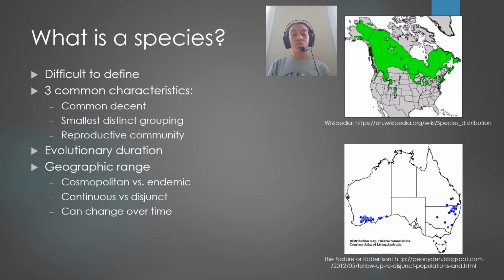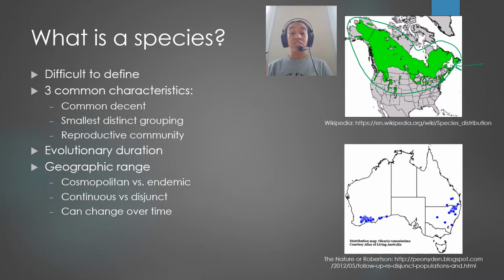A species can also be continuous in its range or disjunct. So the example in this image shows a species whose distribution, represented in green, is continuous. It flows all the way through Canada and Alaska in one continuous span, right?